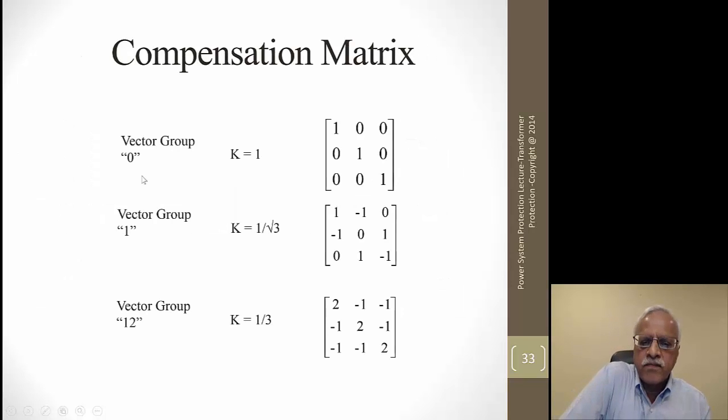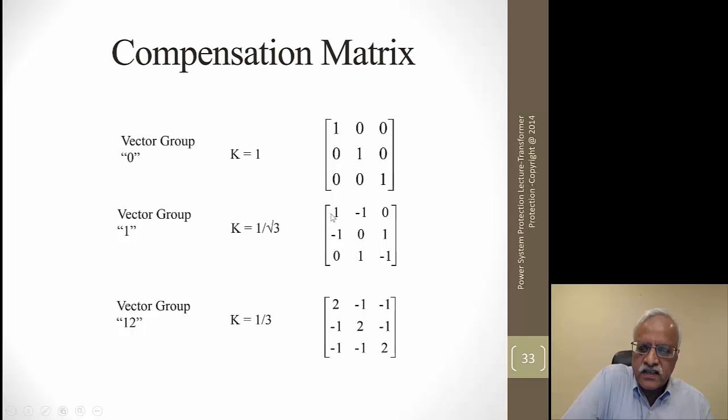Suppose it is 0, then K is 1. So essentially the relay is seeing the same current as the CT current. So here IAR is the same as A phase CT current, IBR is the same as B phase CT current, and ICR, the relay current for C phase, is the same as the CT secondary current. Now if I select 1, in the case of a delta, what happens is IA minus IB.